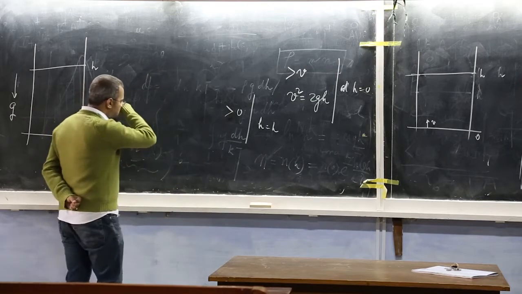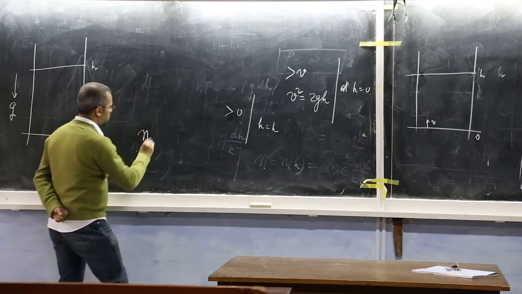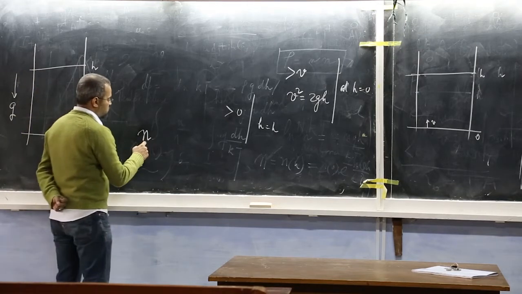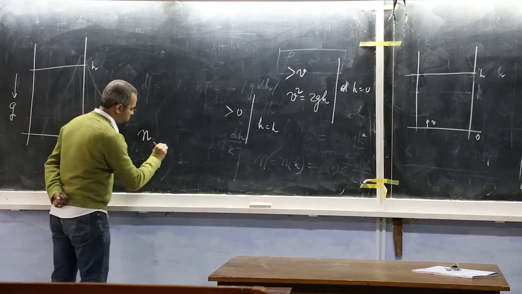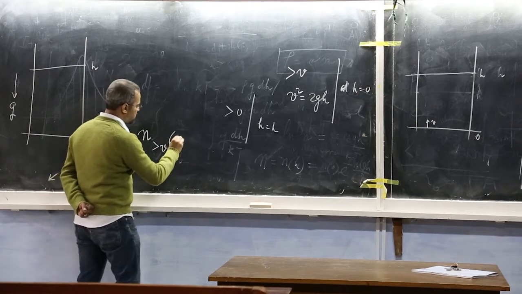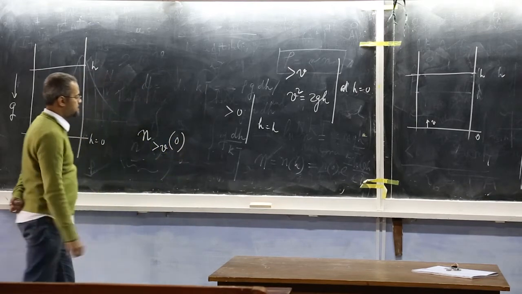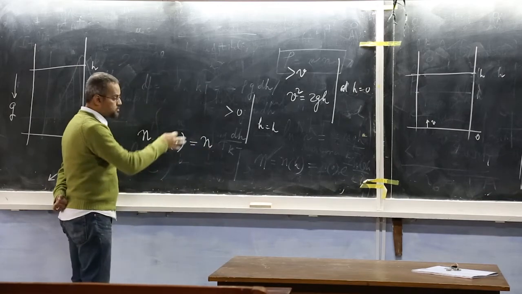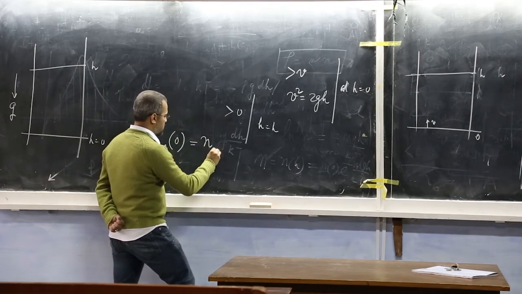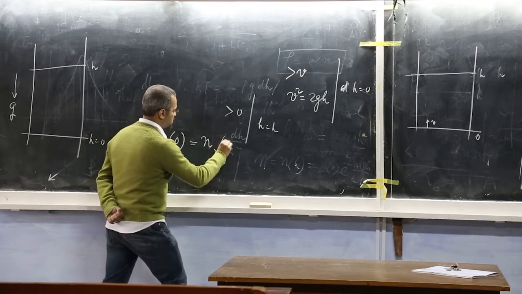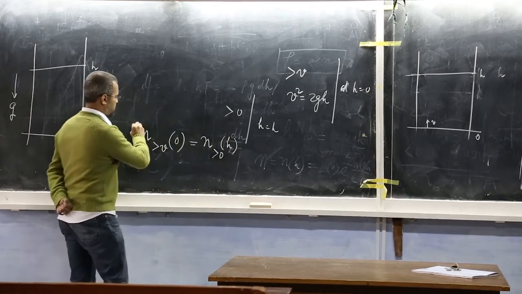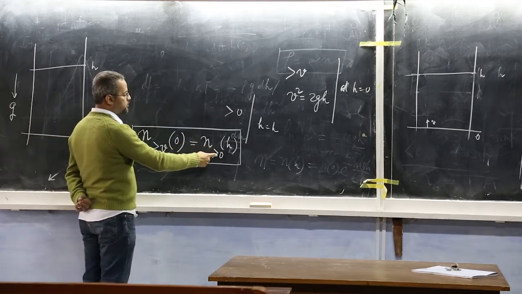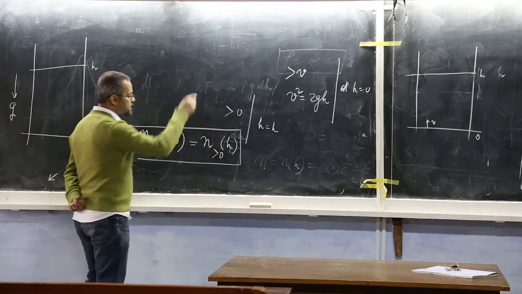So, we can immediately say that the number of particles which are moving upwards with velocity greater than v at h equals 0, this must be equal to the number per unit time, this is the rate, of molecules moving with velocity greater than 0 at h.